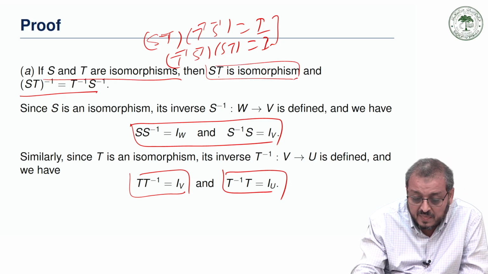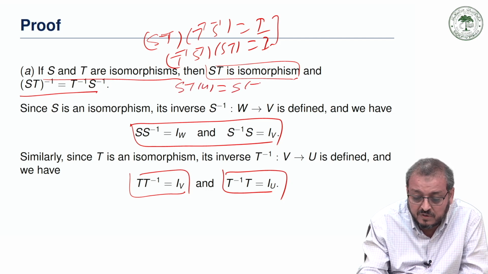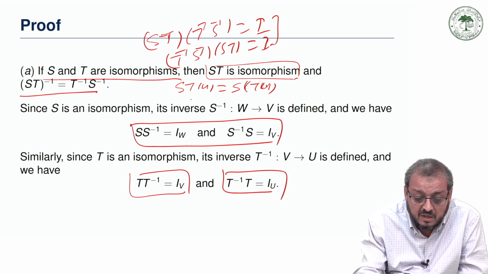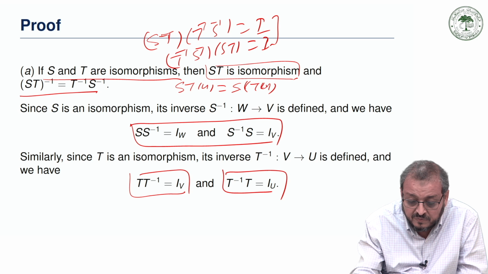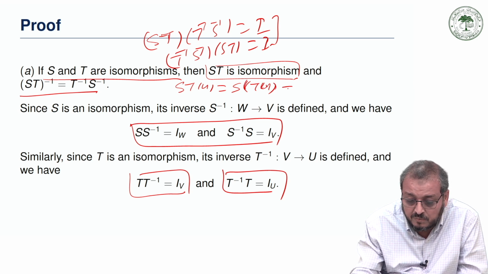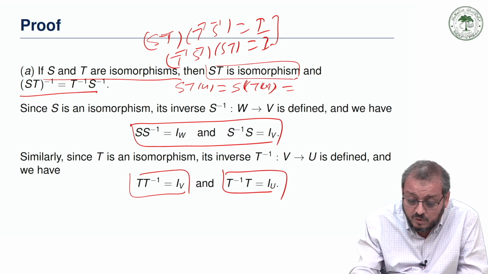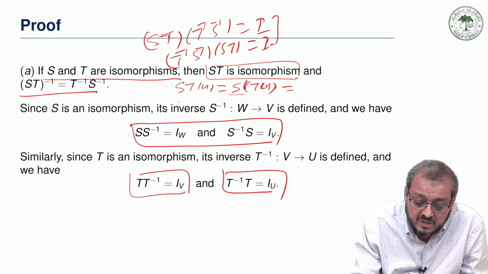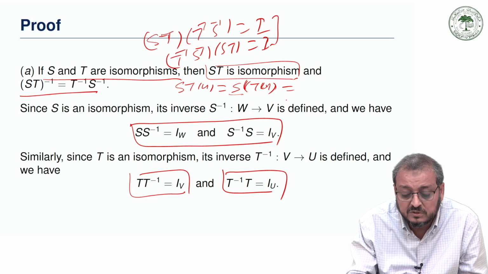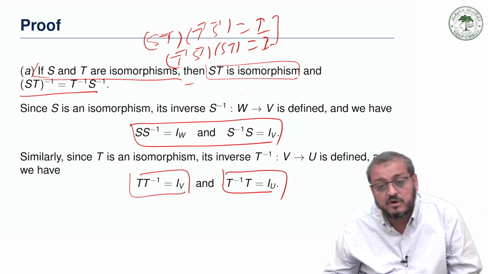As a home assignment, you can say that ST of U can be written as S of T of U, and then because S and T are isomorphisms, this is nothing but equal to T of U. S is one-one, so this means S of T of U is equal to U. We can show that, so you can try this yourself.